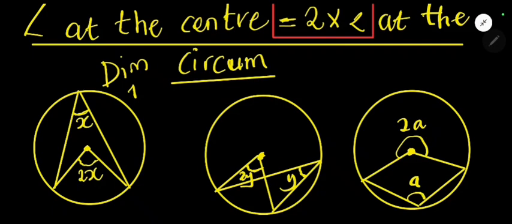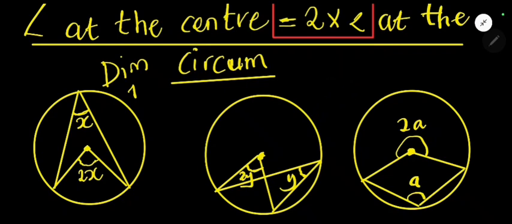So I would advise you to check your angle. You see we have this shape. Can you guys see the shape? This is the shape that we have on the first dimension. And the angle at the center, if you check it now, it is outside our shape. Then the one at the circumference should be inside.